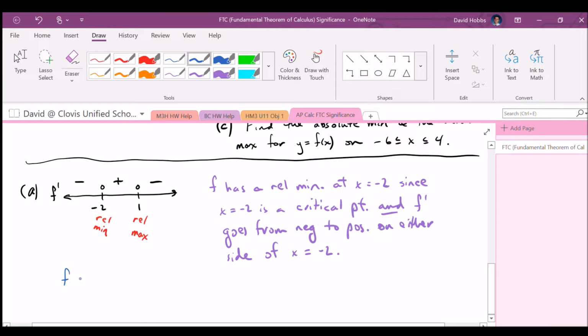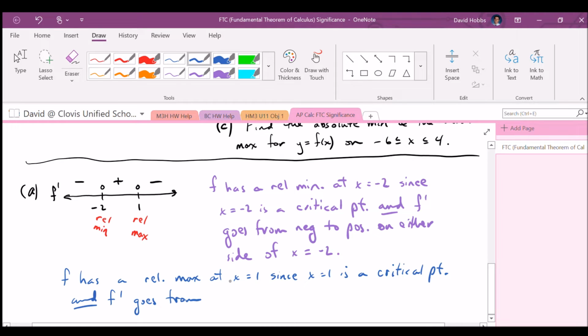So f has a relative maximum at x equals 1, since x equals 1 is a critical point, and f prime goes from positive to negative on either side.